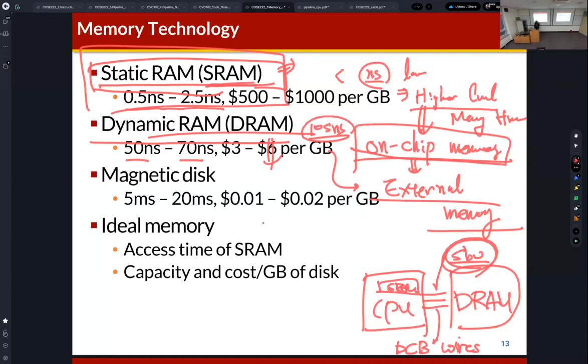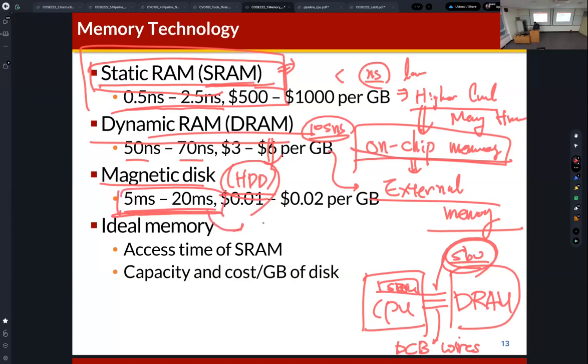And then the magnetic disk, the hard disk drive. Recently we frequently use SSD, the solid state drive, but we can still use the hard disk drive, because the hard disk drive is cheaper than the SSD. The magnetic disk is very, very slow.